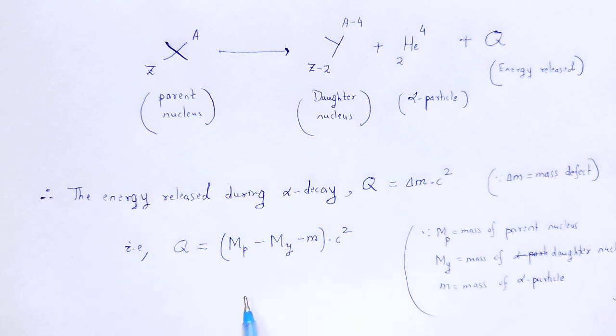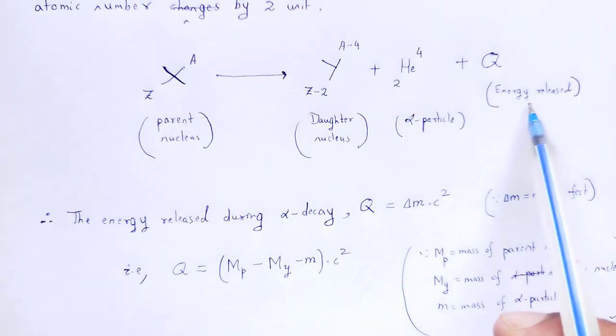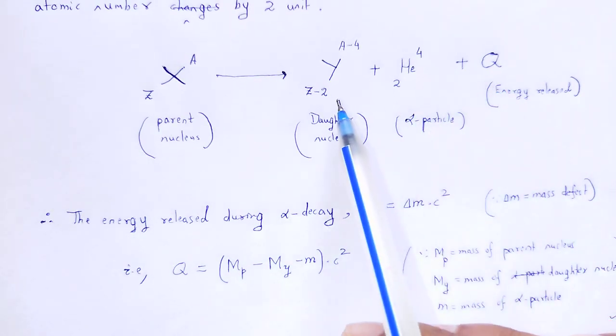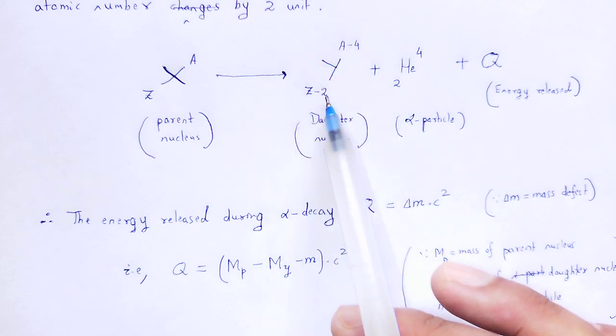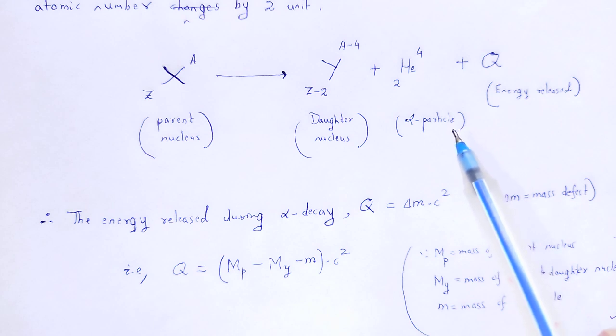That energy released is used in the kinetic energy of the daughter nucleus and the kinetic energy of the alpha particle.